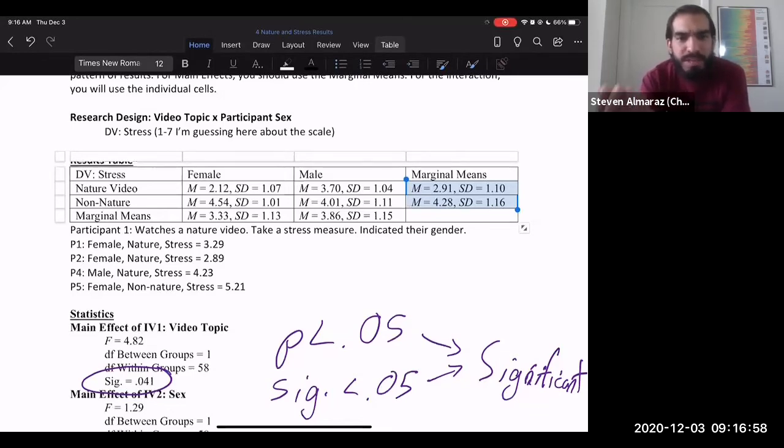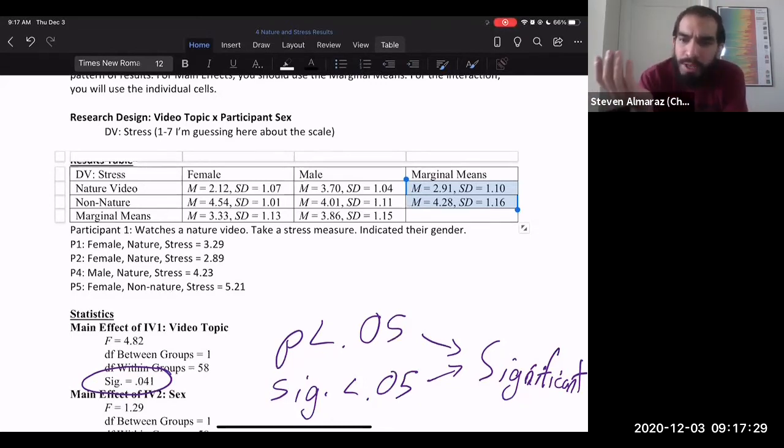Maybe their stress level was really low naturally, and showing them the non-nature video had a huge impact. It increased their stress. I can't tell though, because there was no pre-level, all right? When you're describing a main effect, you've got to compare these two groups directly to each other. Don't say one of them had a bigger effect or a smaller effect. Instead, I just want to know, we put people in two different conditions, which one led to more or less stress?